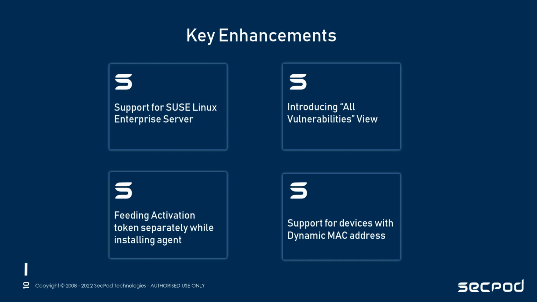This was not supported prior to 5.2, but now we have added the capabilities. Now you can have either a dynamic MAC address for a particular device, or the same MAC address can exist on multiple devices within an account. We will be able to seamlessly support that capability as well.